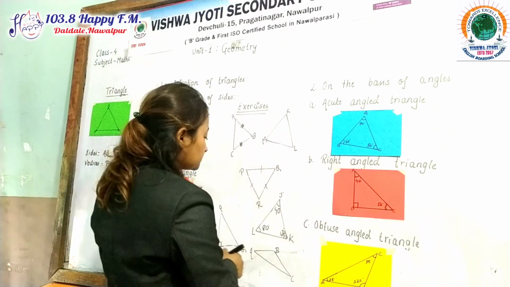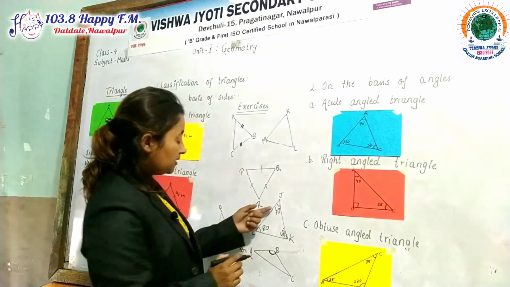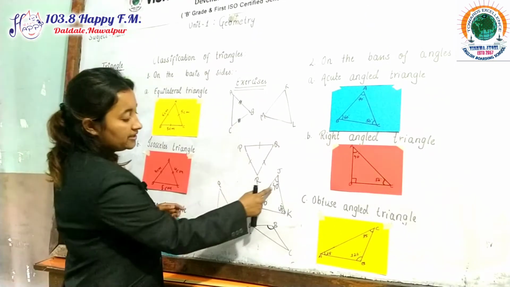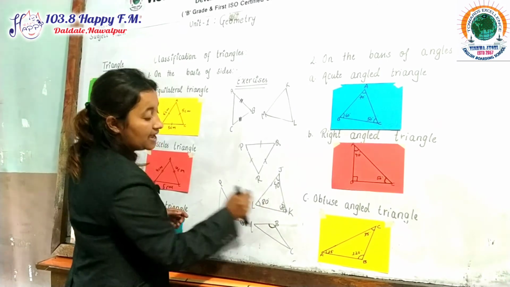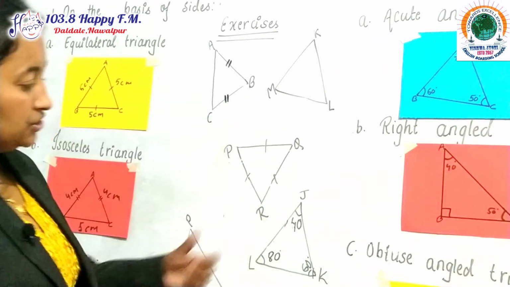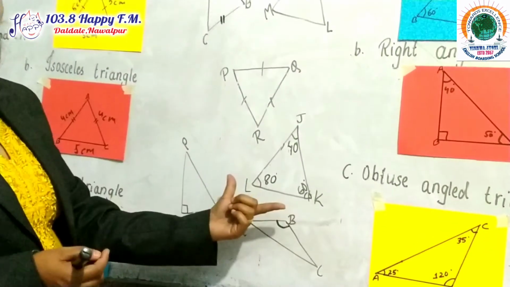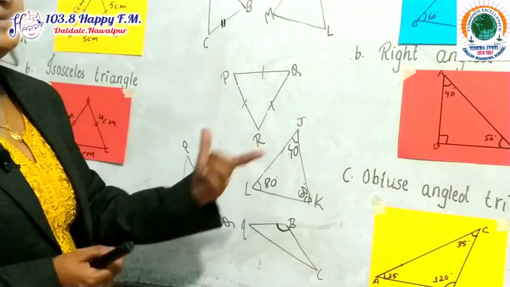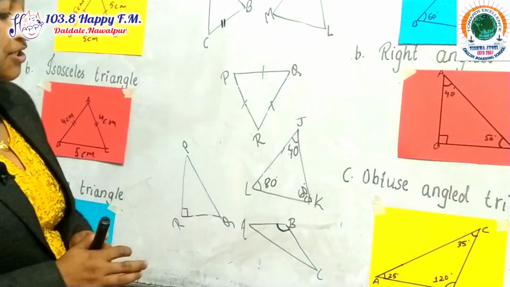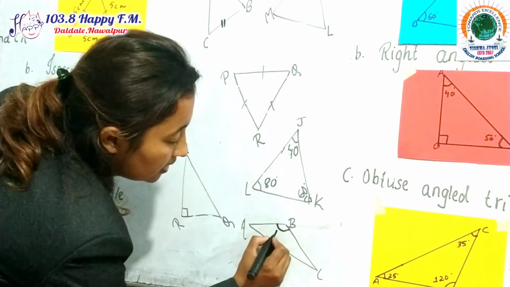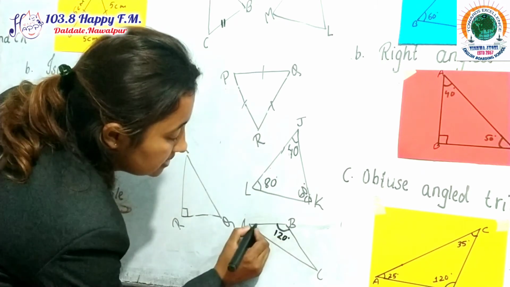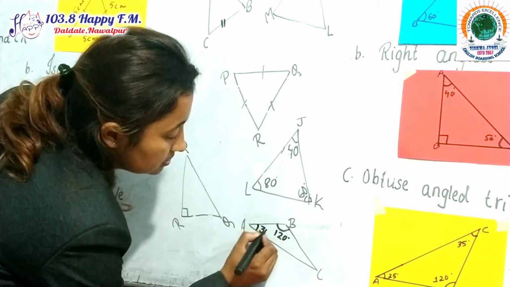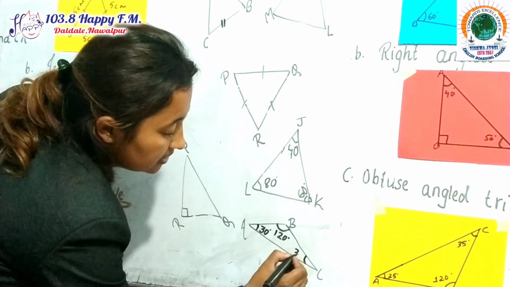Here you can see all the angles are less than 90 degrees. So which triangle is this? Obviously this is an acute angle triangle. You can look here, it is 120, and this one is 30 degrees.